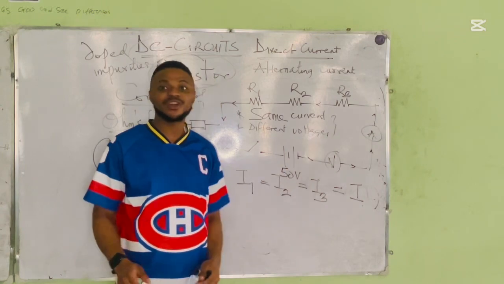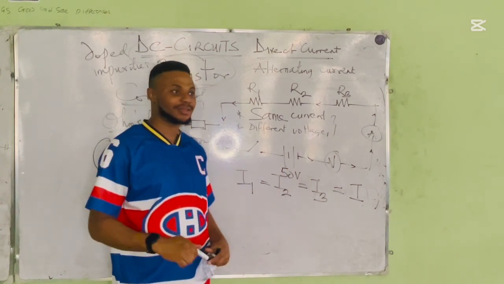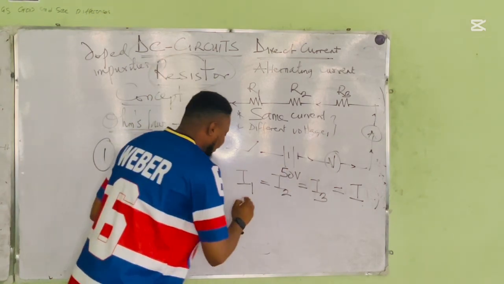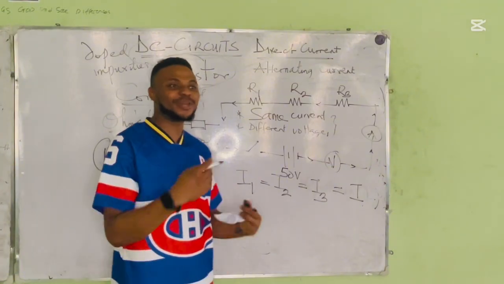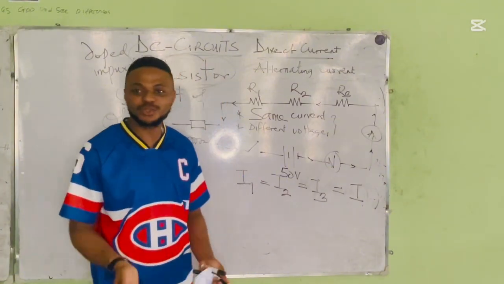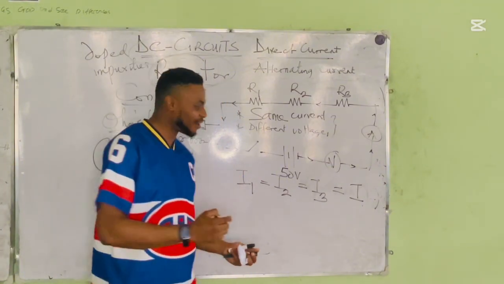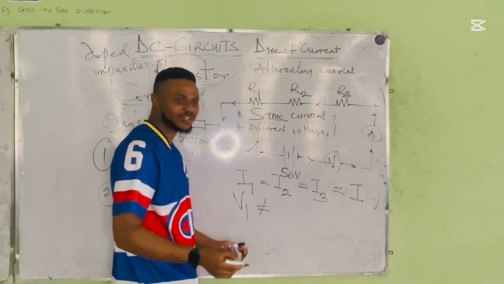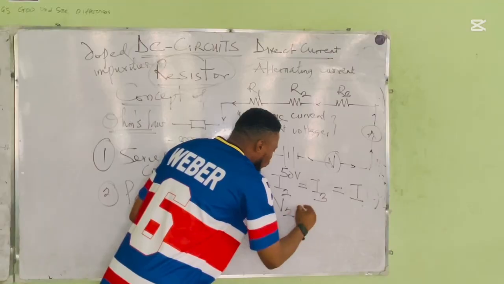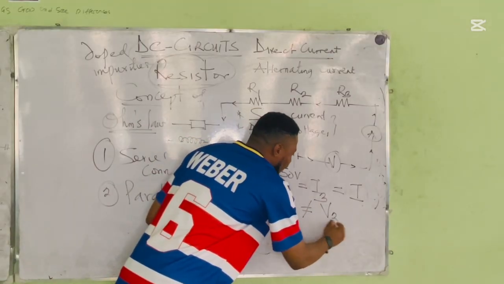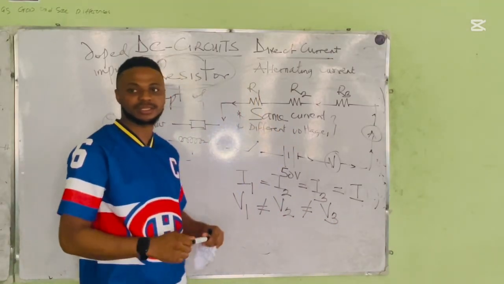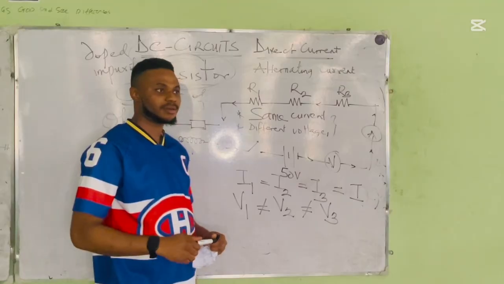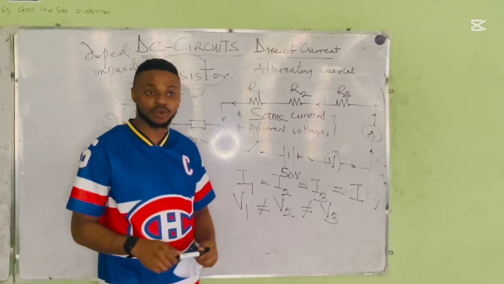I3 is the same as your, of course, general I. Alright? But your V1 may not be equal to your V2. Your V2 may not be equal to your V3. Alright? So V1 is not even a matter of may, it will not. V1 is not equal to V2. Neither is V2 equal to V3. They have different voltages when you have a series connection.